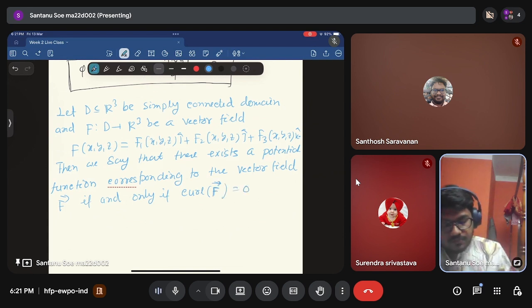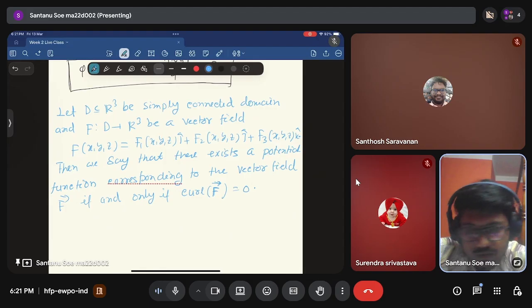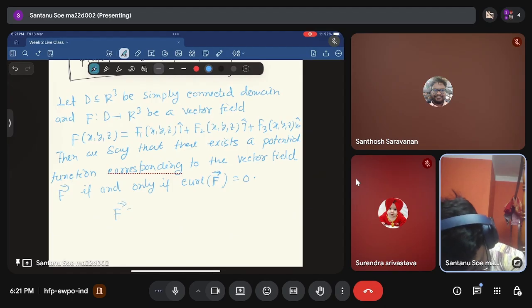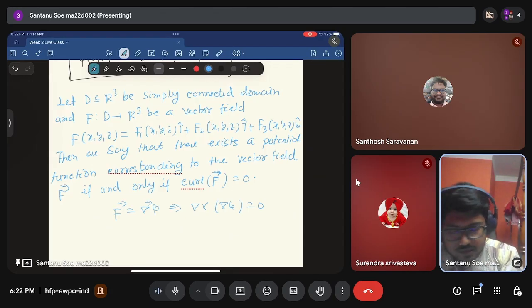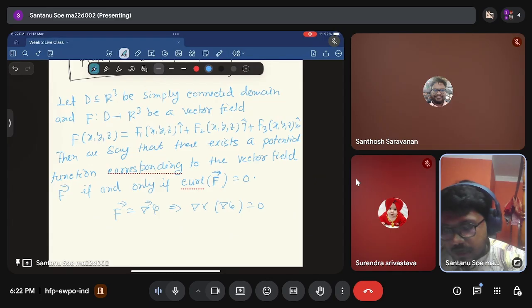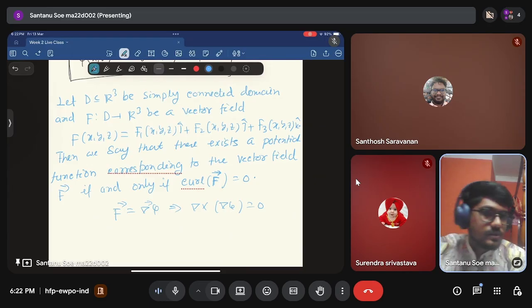Okay, so the proof of this theorem is easy for one side, because if f equals gradient of phi, it is easy to see that curl of grad phi is 0. But for the other part of the proof, you have to see some standard book, because I'm not going to do the proof here. It's a long proof. If the curl of f is 0, then f can be written as a gradient of phi. You have to use Stokes theorem and other results.